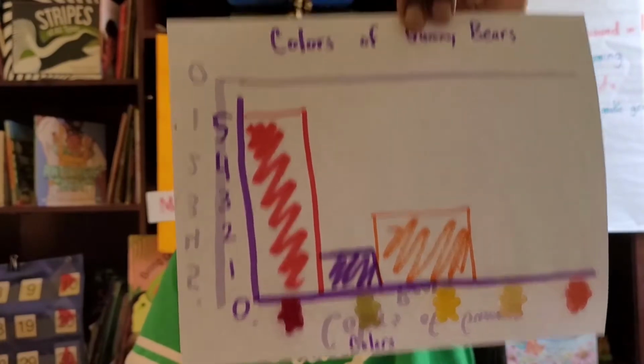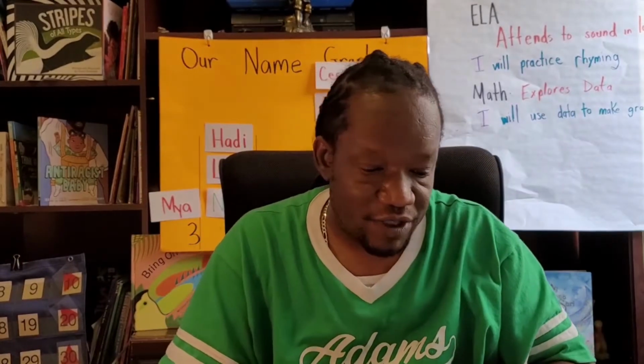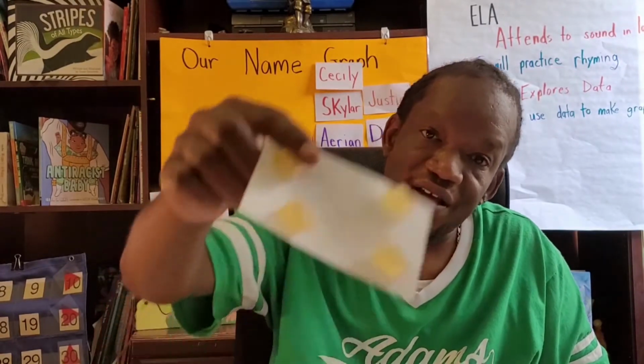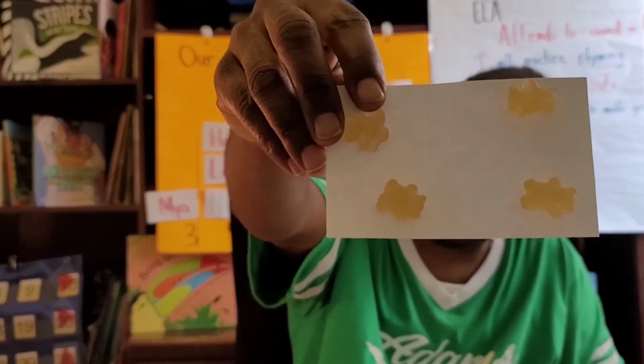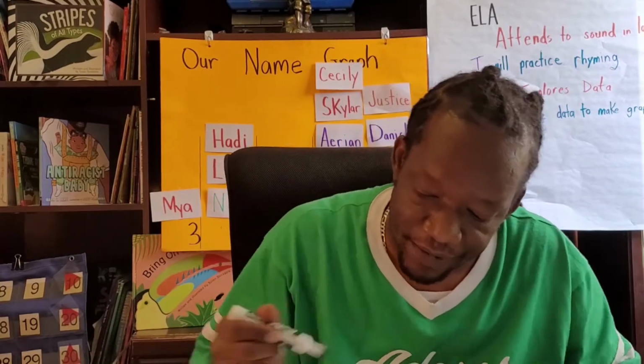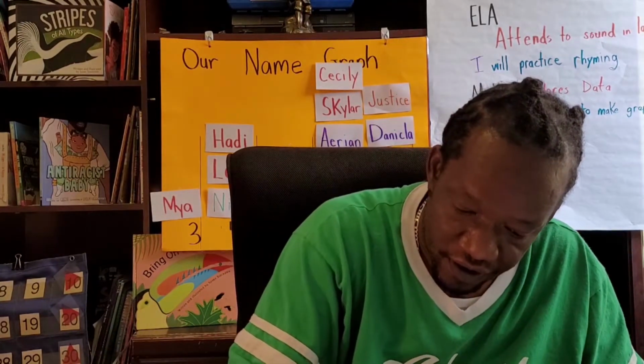Had 2 yellow bears. Now, which one was next? The light yellow. How many light yellows do we have? 1, 2, 4. You all are super smart. So we're going to go to the number 4.